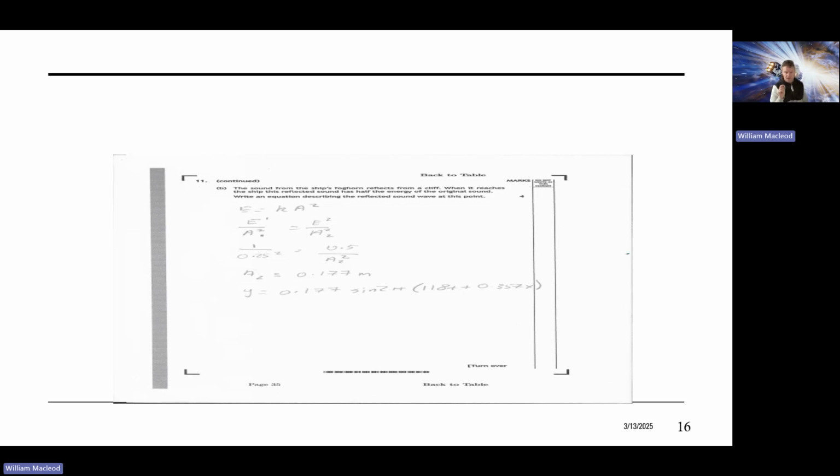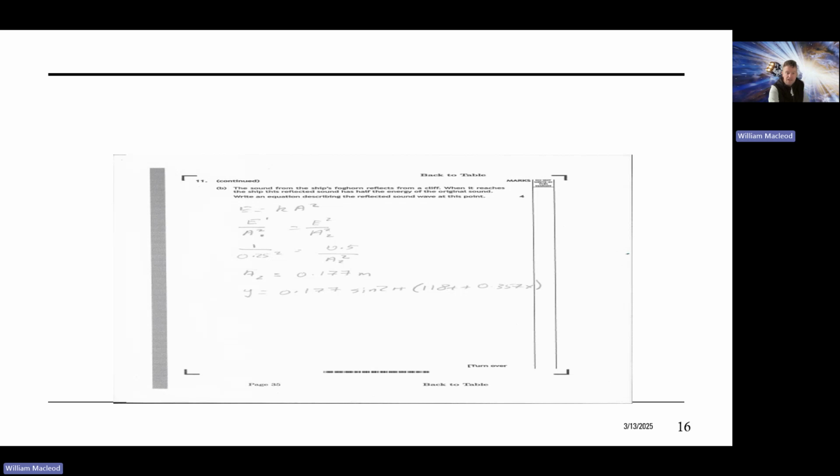We know that the energy is equal to k times amplitude squared, so energy over amplitude squared is equal to energy over amplitude squared at other distances. If we know that the energy has halved, and we know that the amplitude is 0.25, then we can work out the new amplitude, which is 0.177 meters.